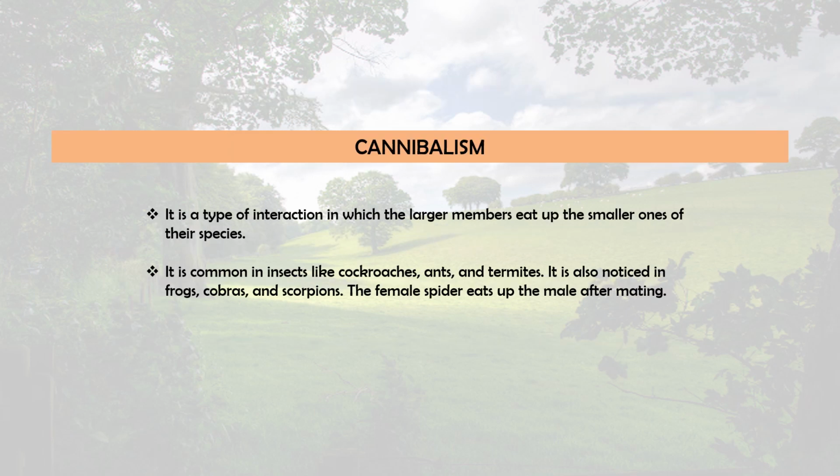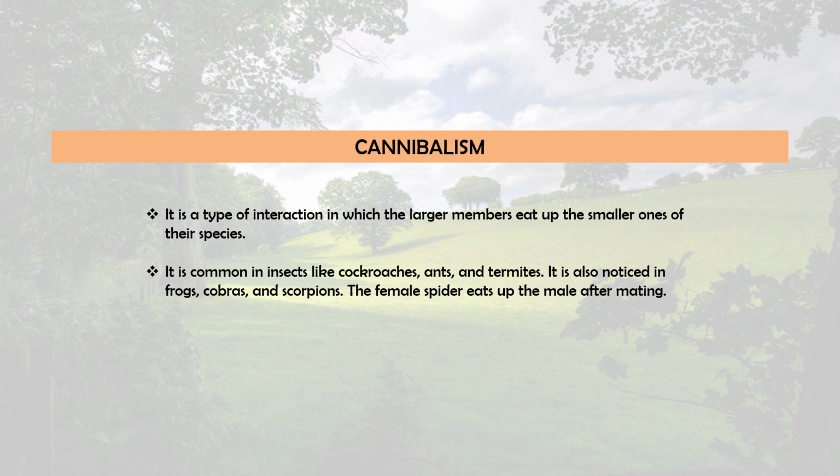And our last slide of intraspecific interactions is cannibalism. Cannibalism is an intraspecific interaction in which the larger members eat up the smaller ones of their own species. An individual that eats is known as cannibal, and the one eaten as a prey.